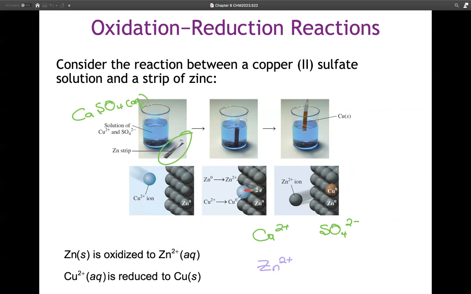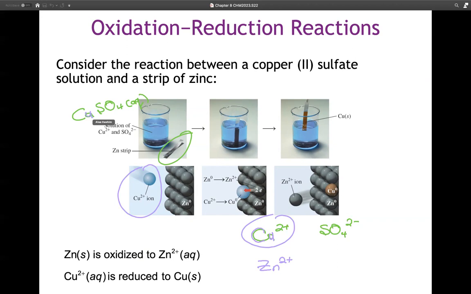So let's take a look at what happens when you put the zinc in that copper sulfate solution. What you have now are those copper ions in solution, right? Sorry, I wrote calcium.